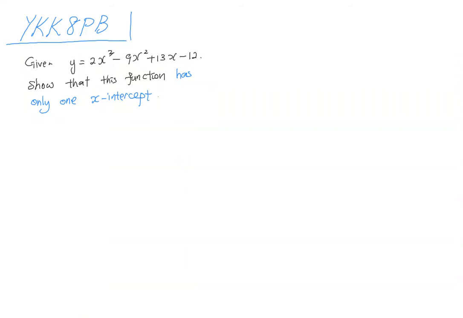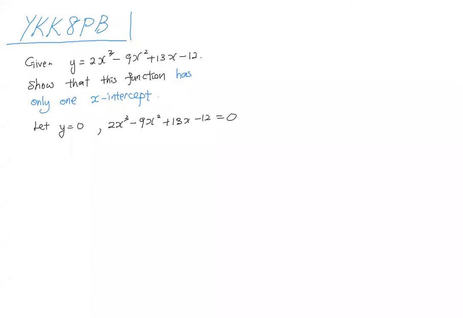If you key into the calculator, when we say I want to find the x-intercept, I will let y be equal to 0. So I have 2x cubed minus 9x squared plus 13x minus 12 equal to 0.